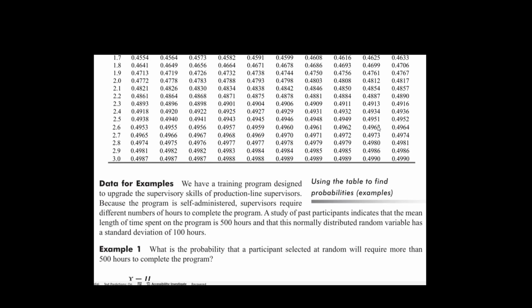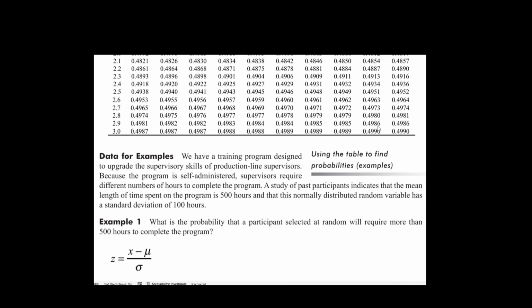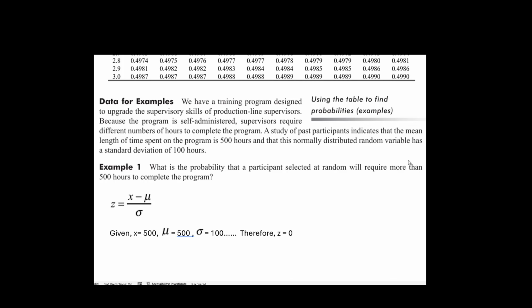Here is the problem. We have a training program designed to upgrade supervisory skills of production line supervisors. Because the program is self-administered, supervisors require different number of hours to complete the program.